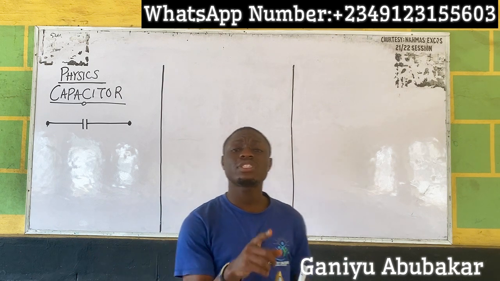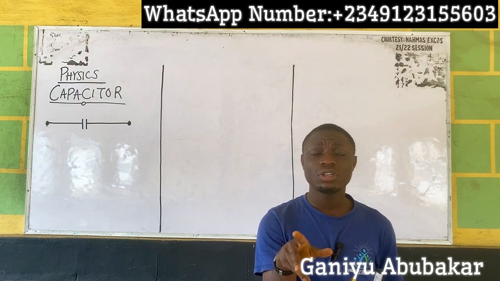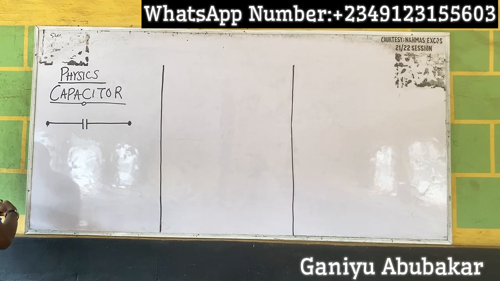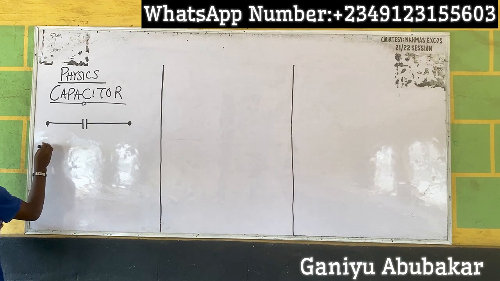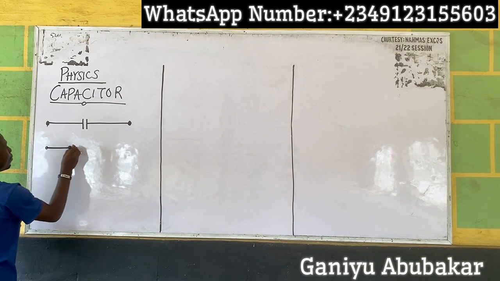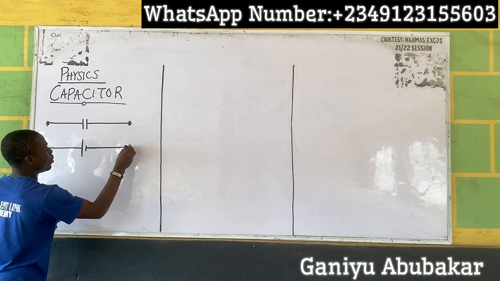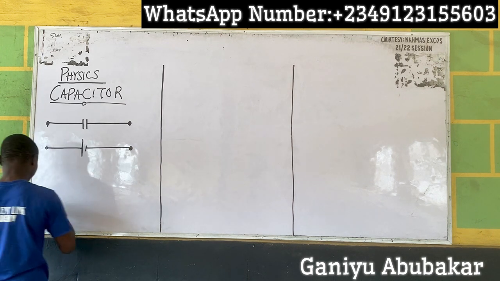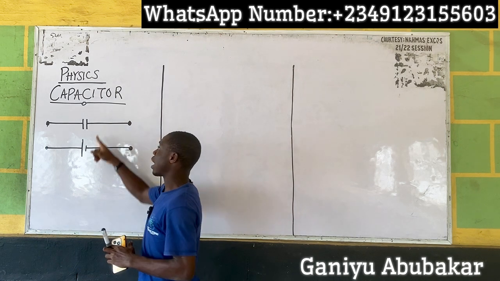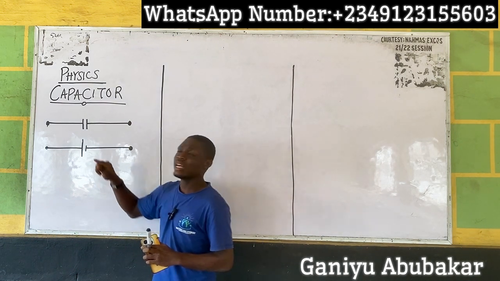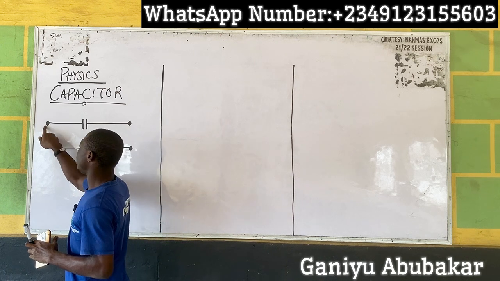Now there's one symbol that confuses some students. If I have something of this nature, this one here is not called a capacitor. This is a cell, a battery. So observe the difference between a capacitor and a battery.